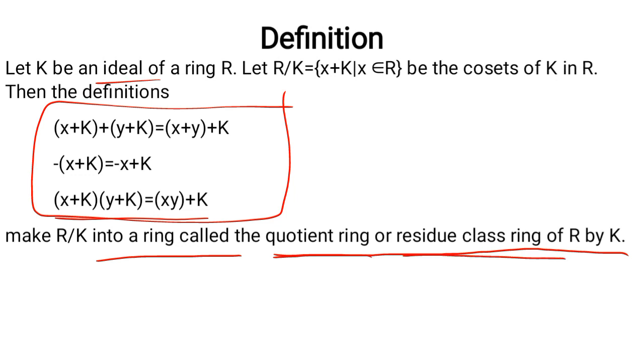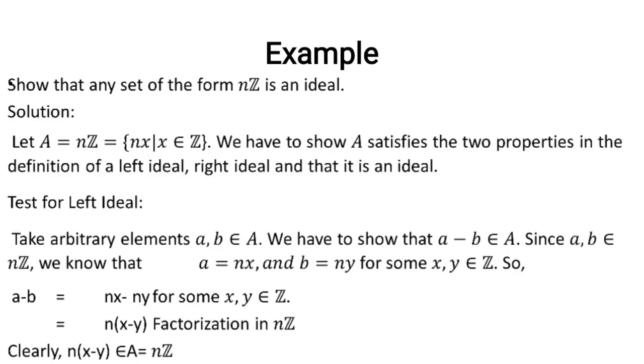Okay, let's move on. Now we want to consider an example here. Having known the definition of a right ideal, a left ideal, and what an ideal is, and you also know what the property of the quotient element will look like. And you know what a ring is, you know what a homomorphism is, automorphism, monomorphism, epimorphism, endomorphism, so all those morphisms. Now we have an example here. We want to show that any set of this form, which are basically multiples of any element in the set of integers, is an ideal.